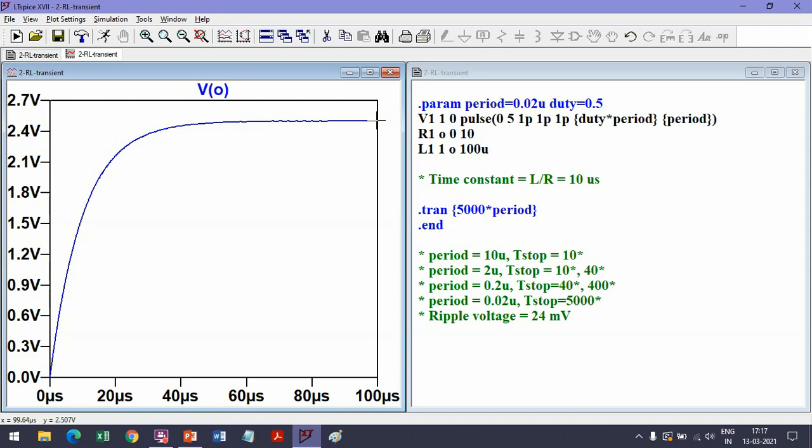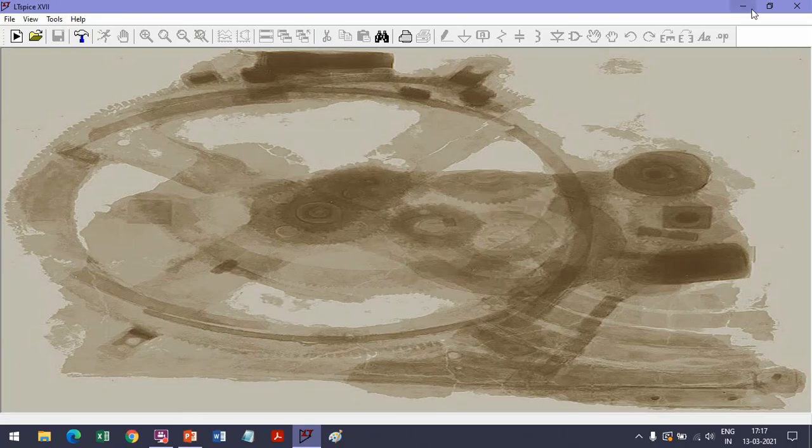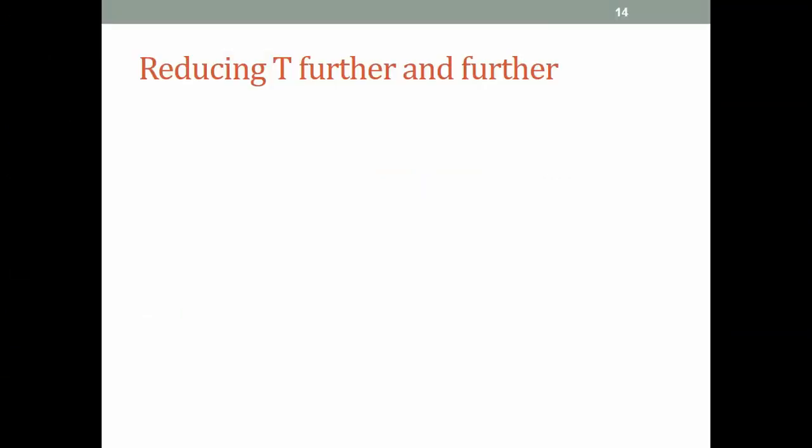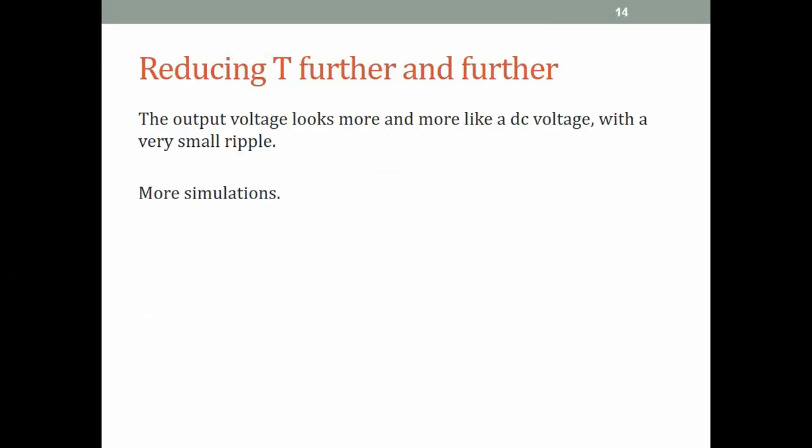All right, so now we have been able to generate a DC voltage by switching an inductor. All right, so this is the fundamental principle of switched mode DC to DC converters.